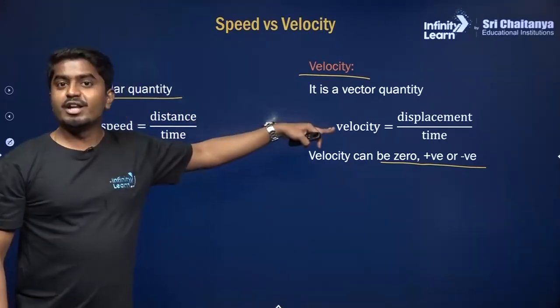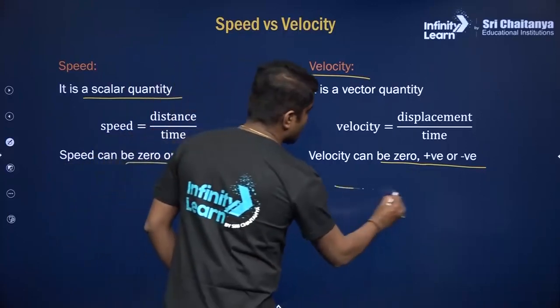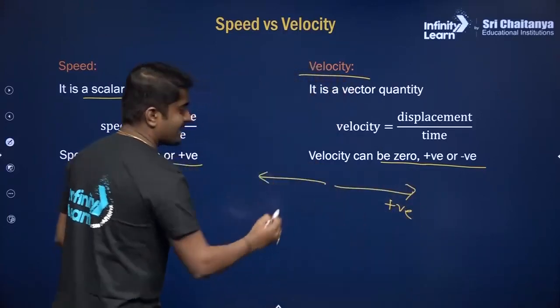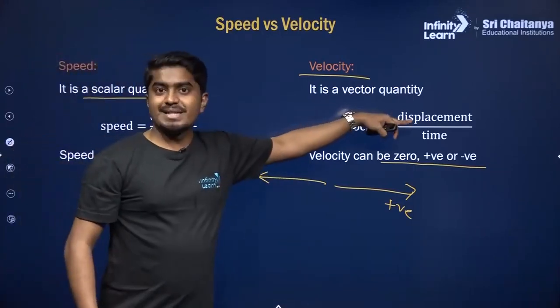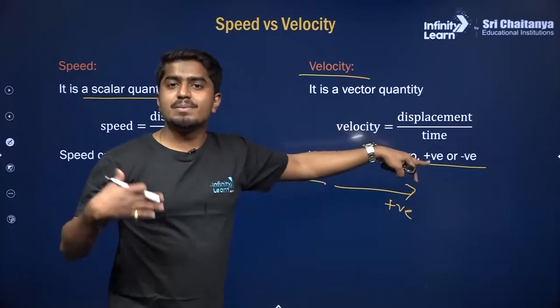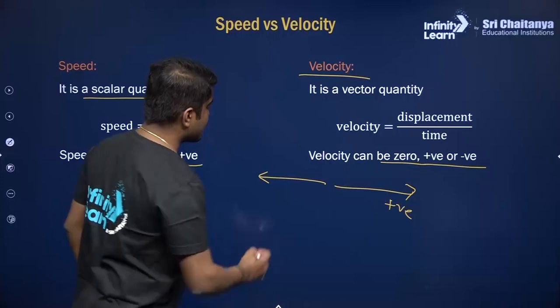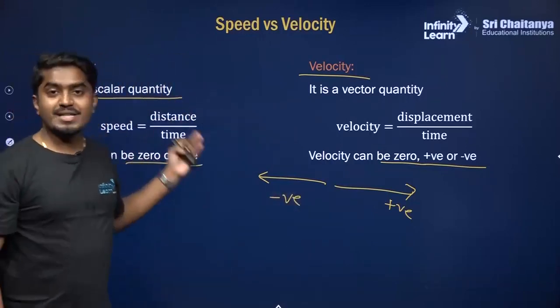How can the velocity be positive or negative? If an object is moving towards the right, it is positive. If the object is moving towards the left, the displacement is negative, and time will always be positive. So negative divided by positive, the velocity here will be negative. Alright, so these are the differences between speed and velocity.